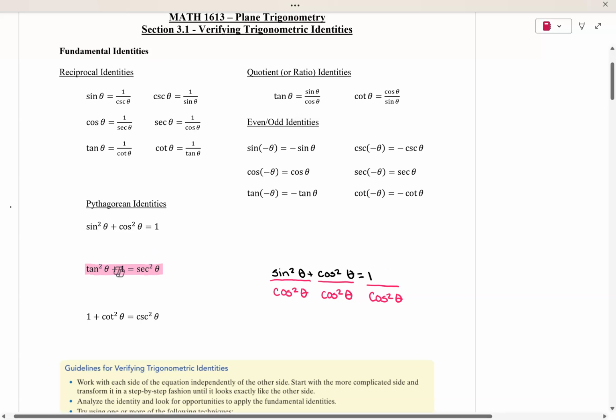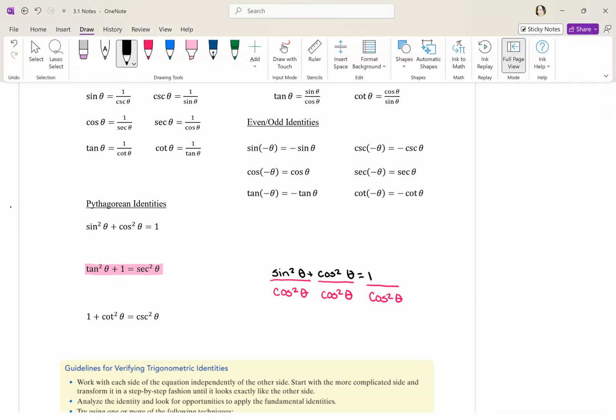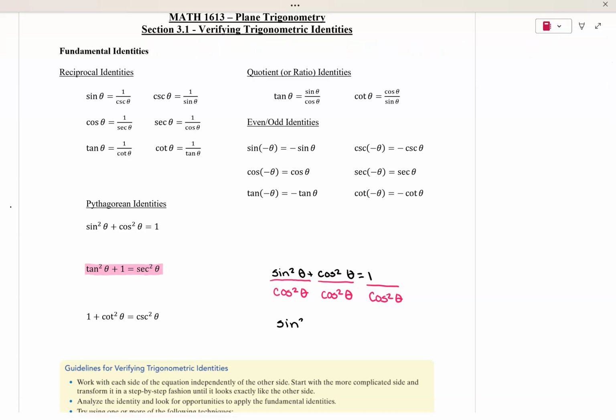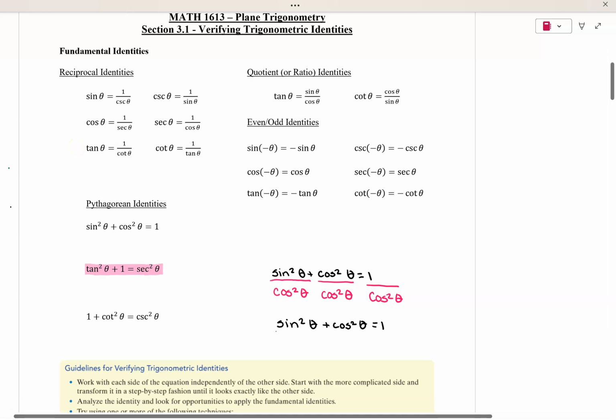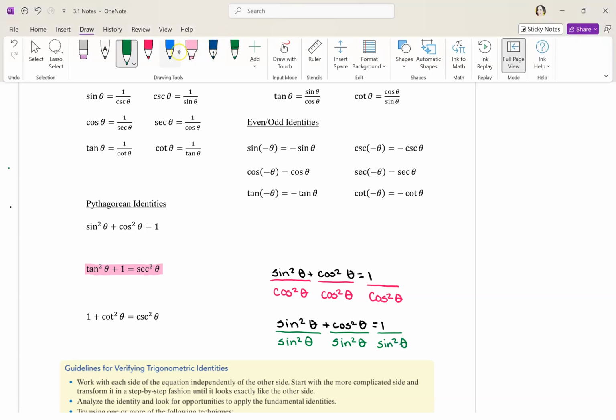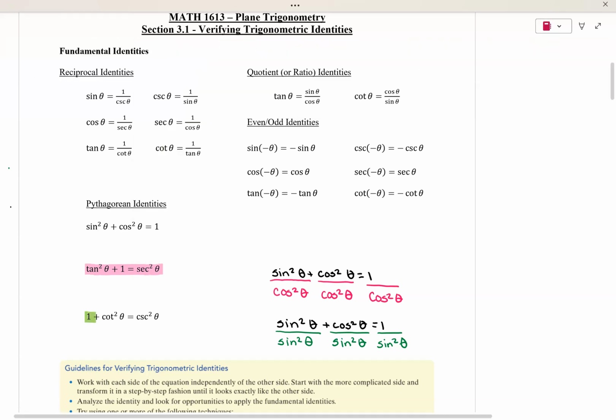Then I'm going to rewrite it again, equals 1. If I divide it by sine squared this time, I will get everything for this one.